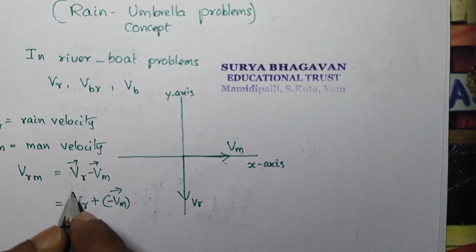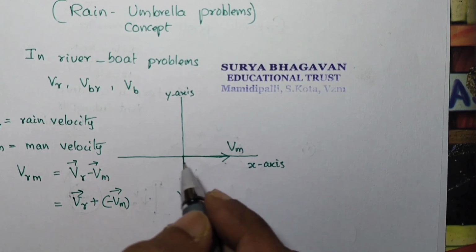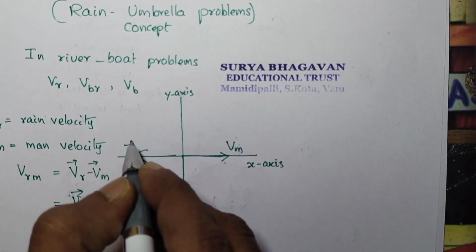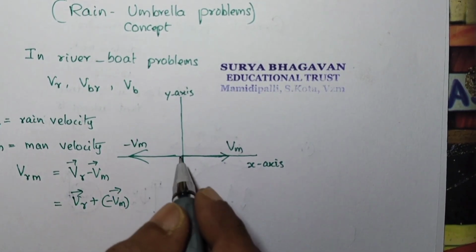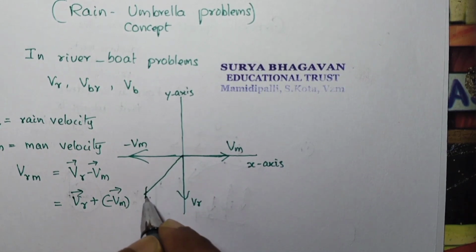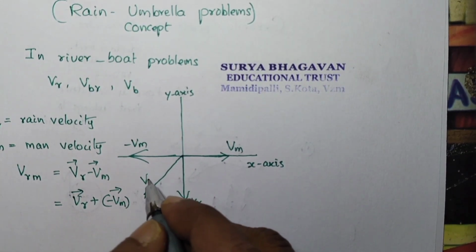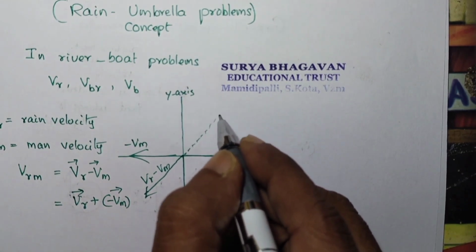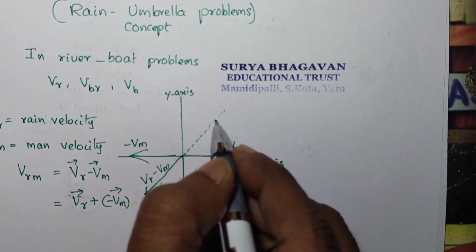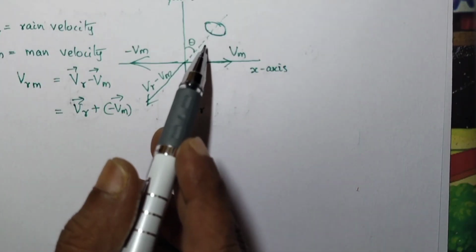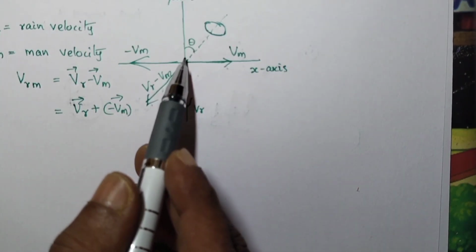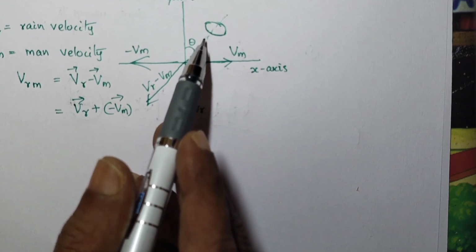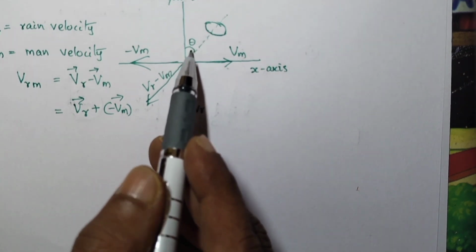Vm is in this direction, minus Vm is in this direction. For the rain not to wet him, the man with his umbrella should make an angle theta with the vertical.